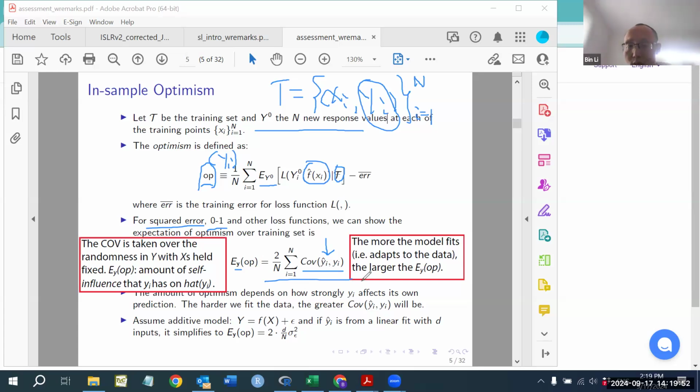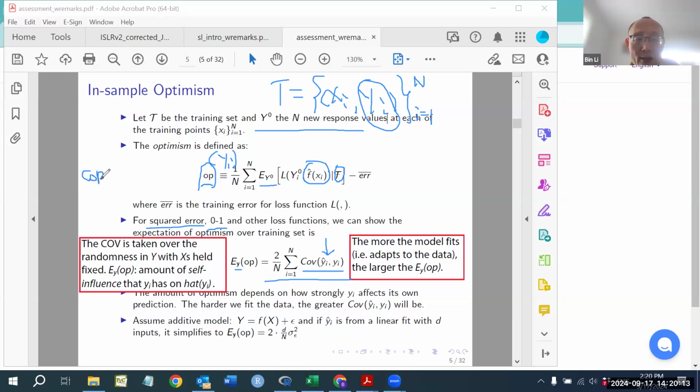Okay, now we have a covariance. So I hope you know what the covariance is. The covariance is related to the correlation. In practice, how do we calculate the correlation?